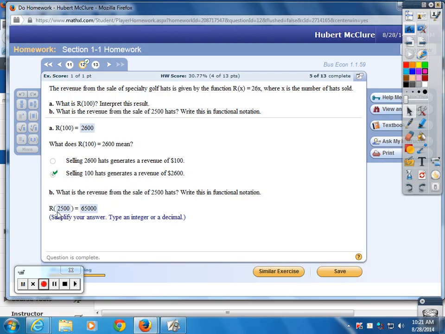So $10 times 2,500 is 25 what? 1,000, Hubert. That's right. So you got to make at least 3 different hats and sell, if you want to make $75,000 a year. But all you got to do is do one thing and just everybody go crazy over it and make a lot of money. Wish I could do that.